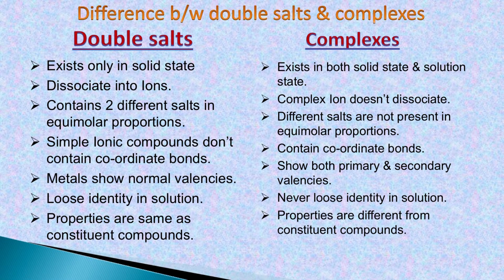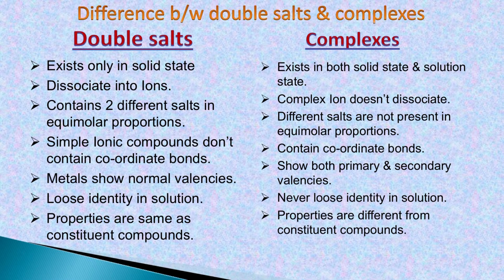Another difference: simple ionic compounds are used to make double salts, and only ionic bonds are present. Here, in addition to ionic bonds, coordinate bonds are present. In a double salt, the metal exhibits only primary valency. यहाँ पे both primary and secondary valencies are exhibited by the metals.